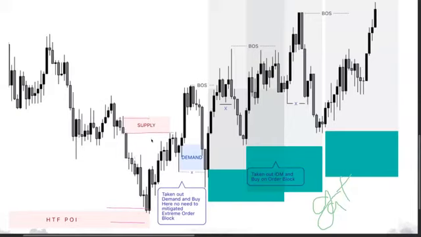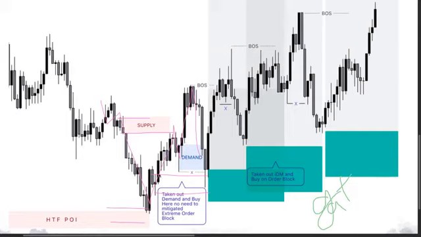This is a flip entry model. This supply, tap here and go higher, and we can buy, right? Because the market gave a reaction here and simply you can buy here. Tap on this unmitigated order block, right? We can buy here. First entry, because we need inducement in a flip entry model, right?